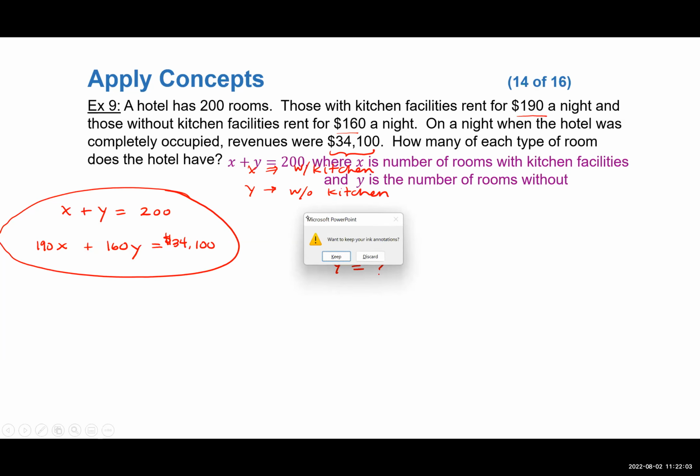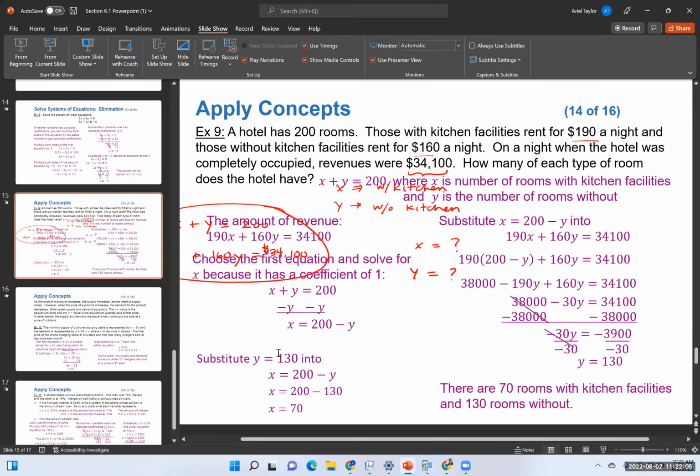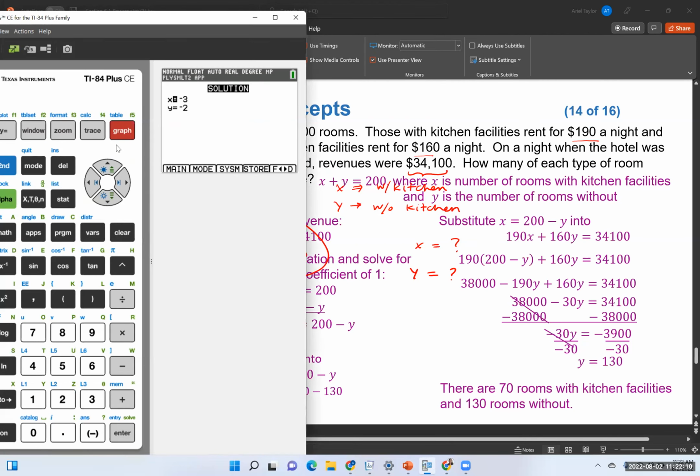So using my calculator, I'm gonna clear this out. The first equation was 1x, 1y equals 200 rooms.